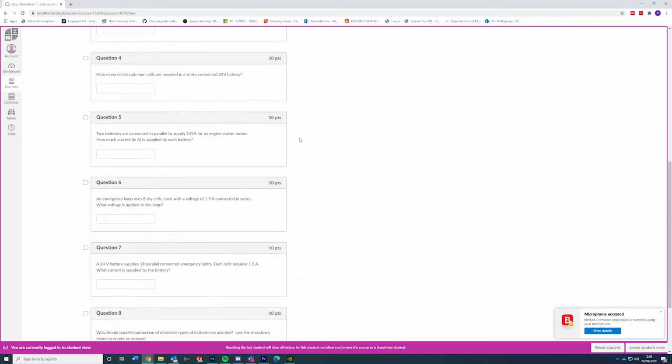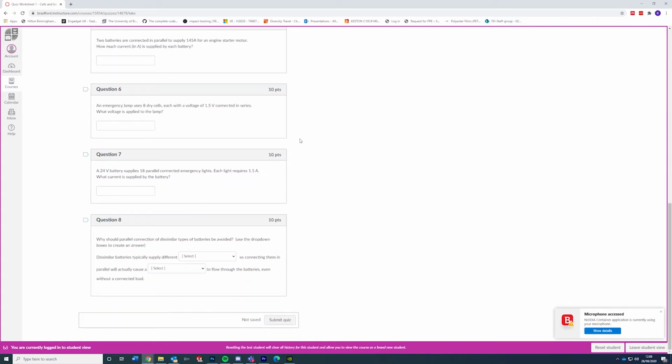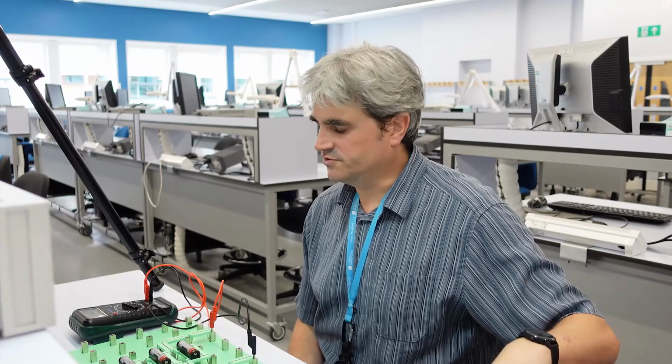So there are questions about the experiment that we see here, and some general questions about how batteries work, and also considerations about when to connect batteries in series or parallel for certain applications. Okay, so that's the end of worksheet 1. We'll now move to worksheet number 2.